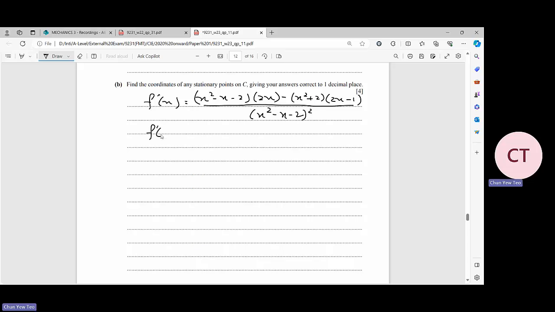To find the stationary points, you need to let f prime equal 0, which means you're just focusing on your numerator, making your numerator equal to 0.